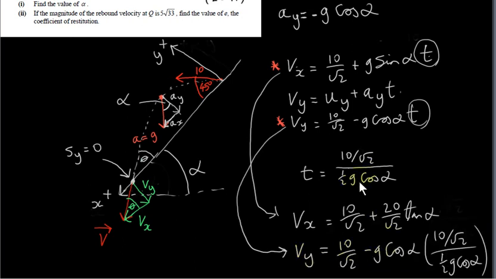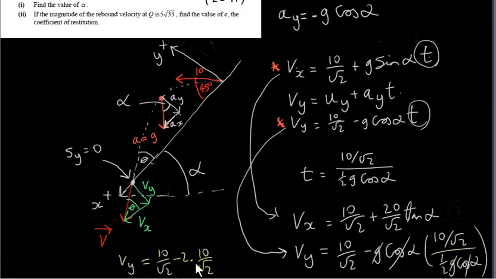Here is Vy with t plugged in. Luckily here the cos alphas cancel out, the g's cancel out as well. So I'll just write Vy over here. We get 10 over root 2 minus 2 times 10 over root 2. I've just multiplied above and below by 2. Multiply underneath by 2 to get 1, and multiply on top by 2 to get 2 times 10 over root 2. G and the cos alphas are gone.